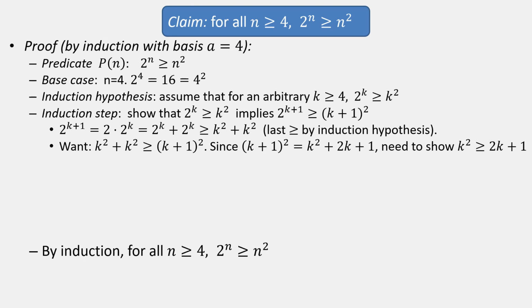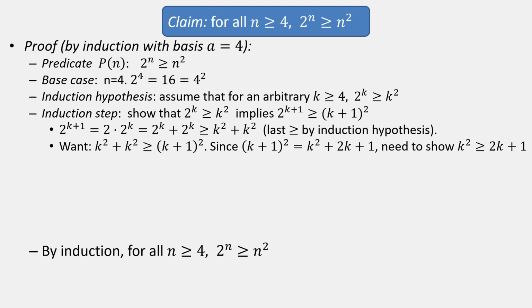So what we want to show now is that k squared plus k squared is greater than or equal to the right-hand side of the expression in P of k plus 1. So k squared plus k squared is greater than or equal to (k plus 1) squared. So let's write out (k plus 1) squared.